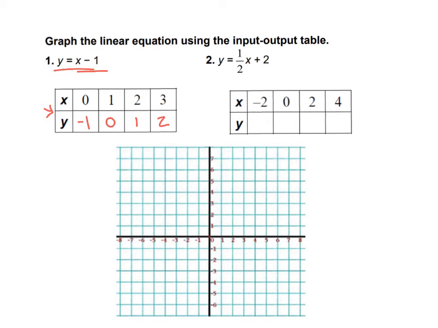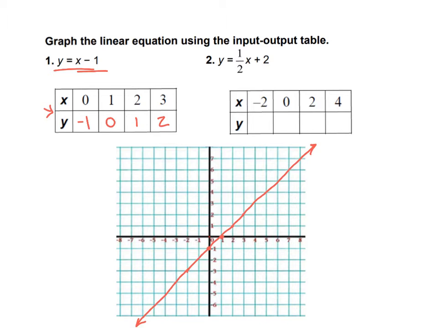Plot those points on our graph: (0, -1), (1, 0), (2, 1), and (3, 2). And of course, then we would draw the line as straight as you possibly can all the way through the graph. Let's use another color.